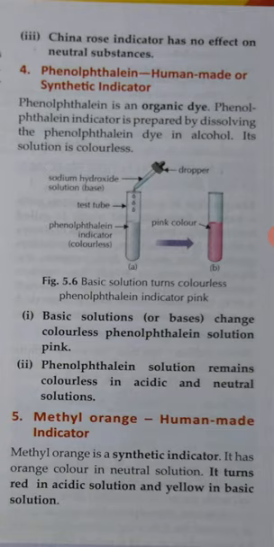When we pour a little amount of methyl orange, if it turns red in color, then it is an acidic solution, or if instead of red it turns yellow, then that is a basic solution. In neutral medium, there will be no change in color, it will remain orange because methyl orange itself is orange in color.